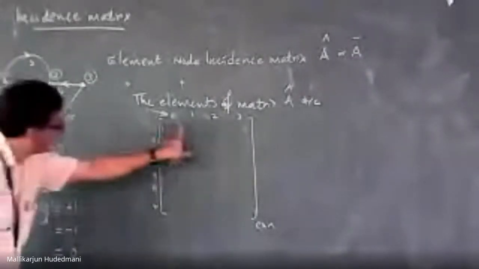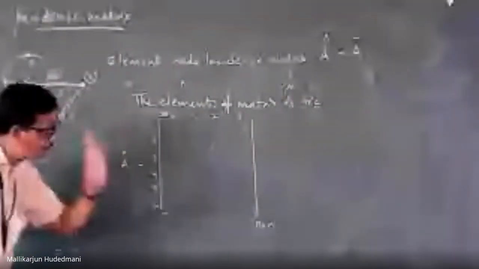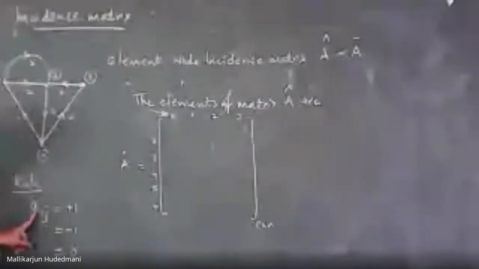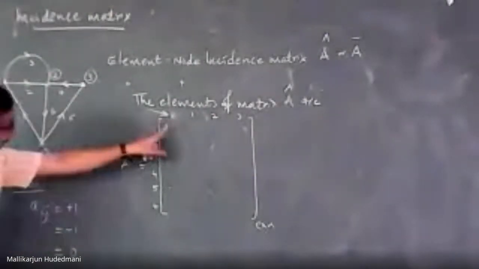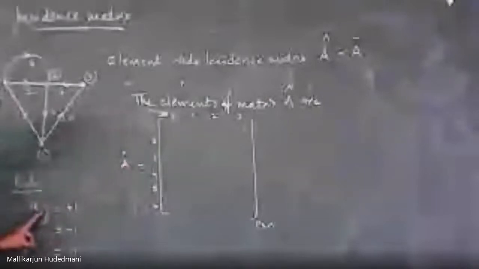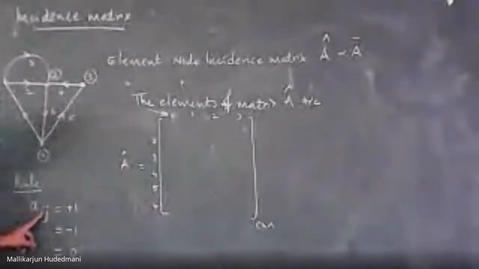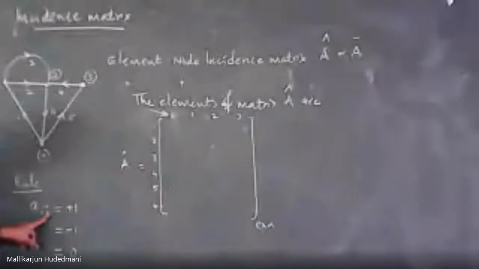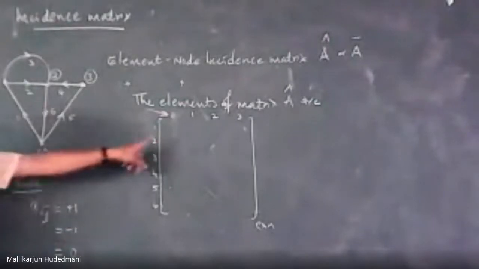To fill the elements of this matrix, the rule is: Aij refers to an element of matrix A, the ith branch incident to the jth bus or node, and oriented away from it, is a +1 entry in that matrix.